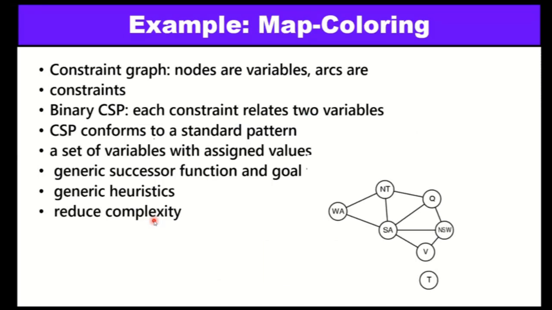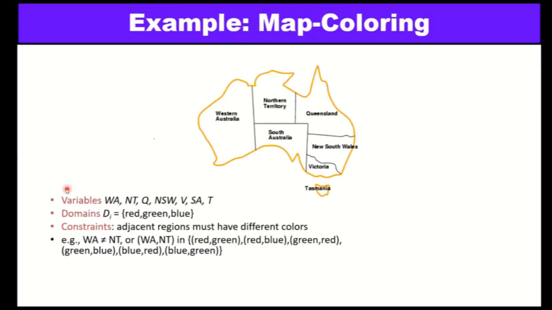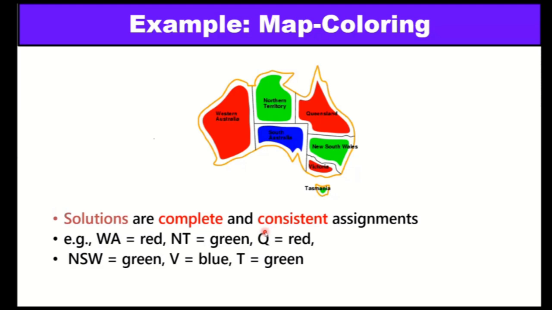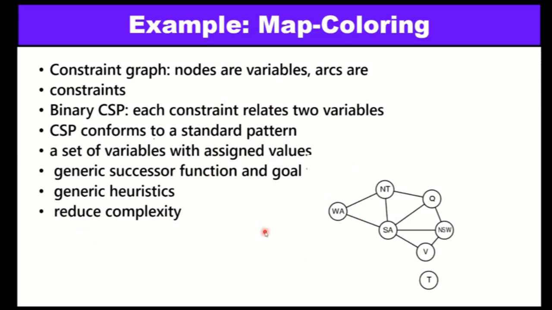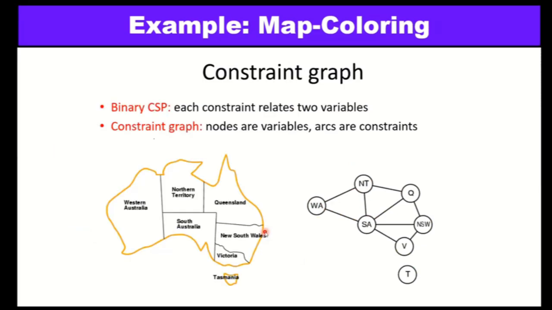In this example, look, the variables are different states. The domain is three colors. The constraint is that adjacent regions must have different colors. Simply, we have to solve this problem by making equations many times also. So we have to again generate successor steps based on equations, and we can solve that constraint by having equations.